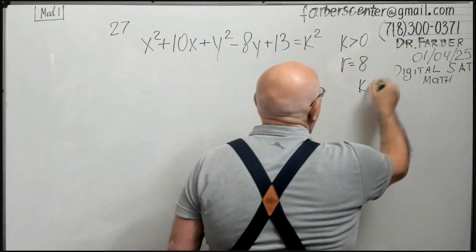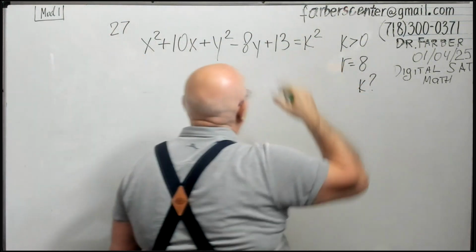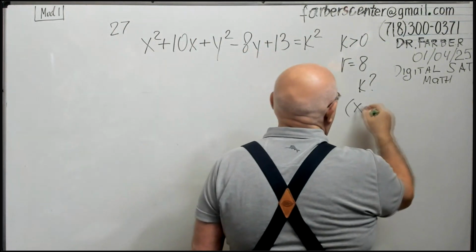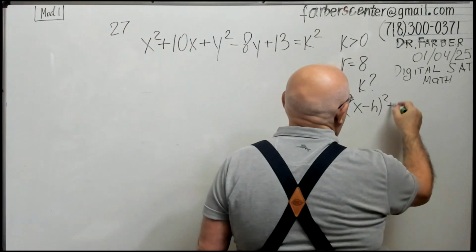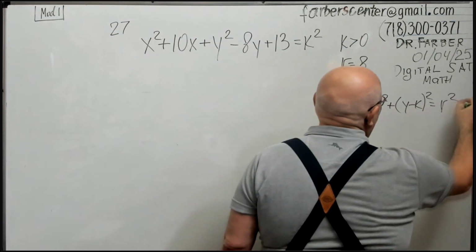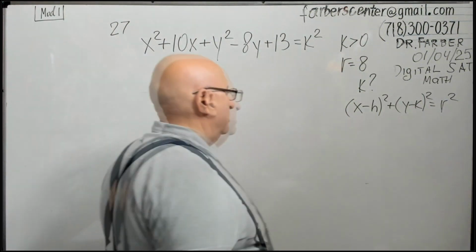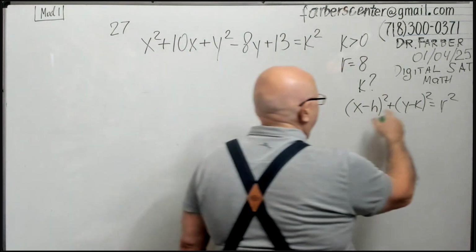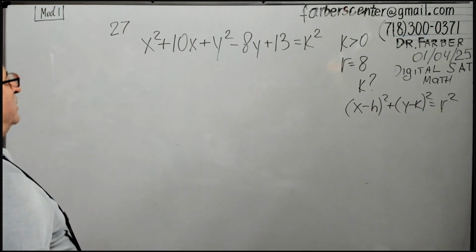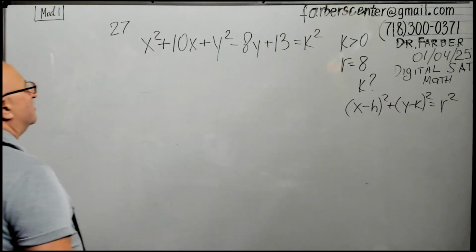Okay. Well, just a quick reminder, x minus h to the second plus y minus k to the second equals r to the second. This is the equation of a circle. H, k is the coordinate of the center. So regroup and complete the squares.